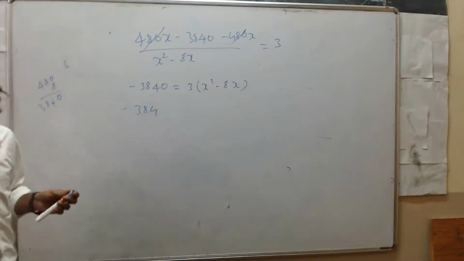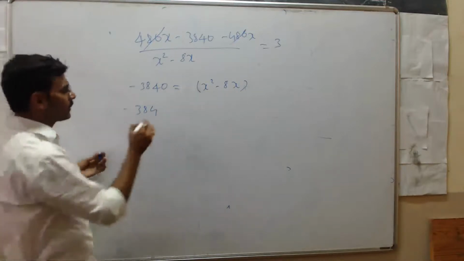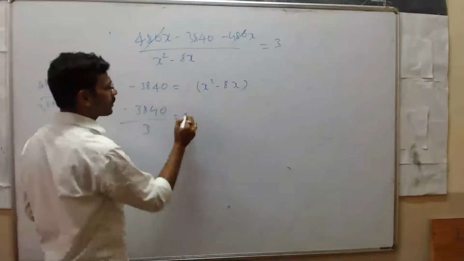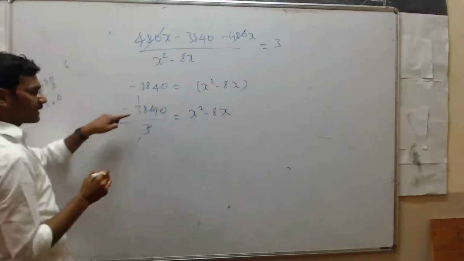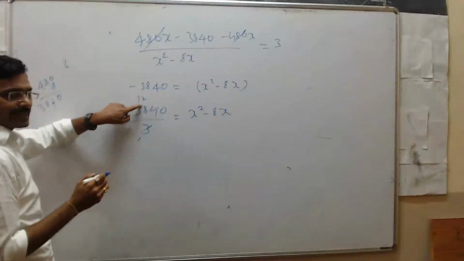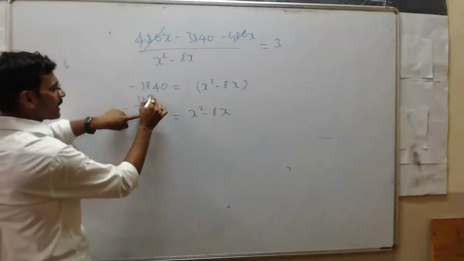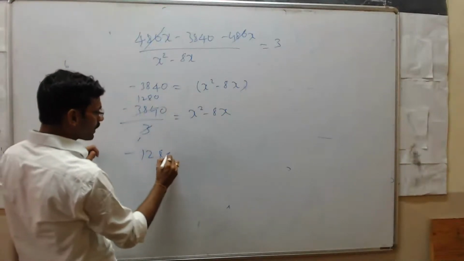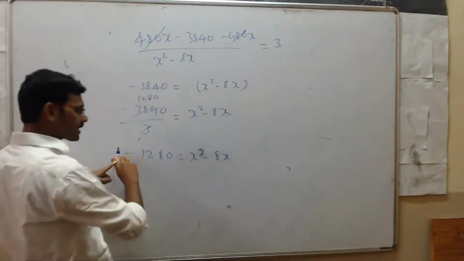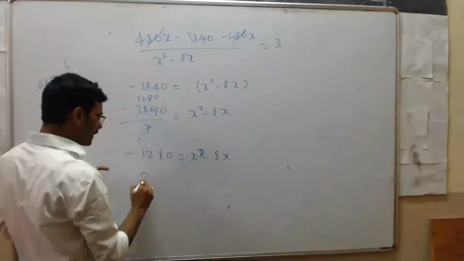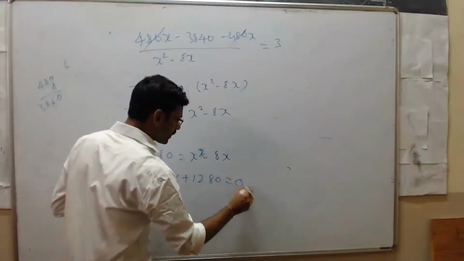The 3 in the numerator goes to the denominator, which means it will divide. 3840 is equal to x square minus 8x. 3 ones are 3, 3 twos are 6, 2 is remaining, so 3 eights are 24. Therefore, minus 1280 is equal to x square minus 8x. Minus 1280 becomes plus. Therefore, x square minus 8x plus 1280 is equal to 0.